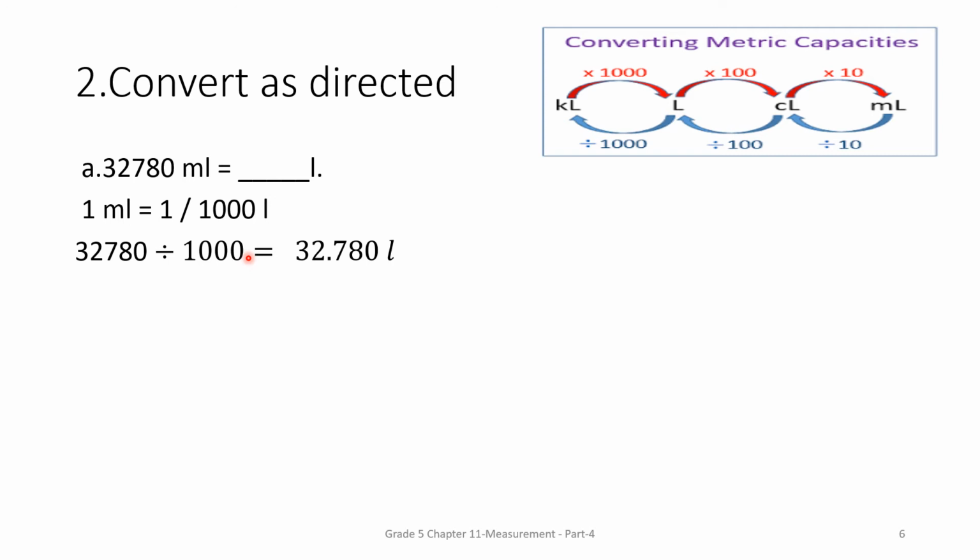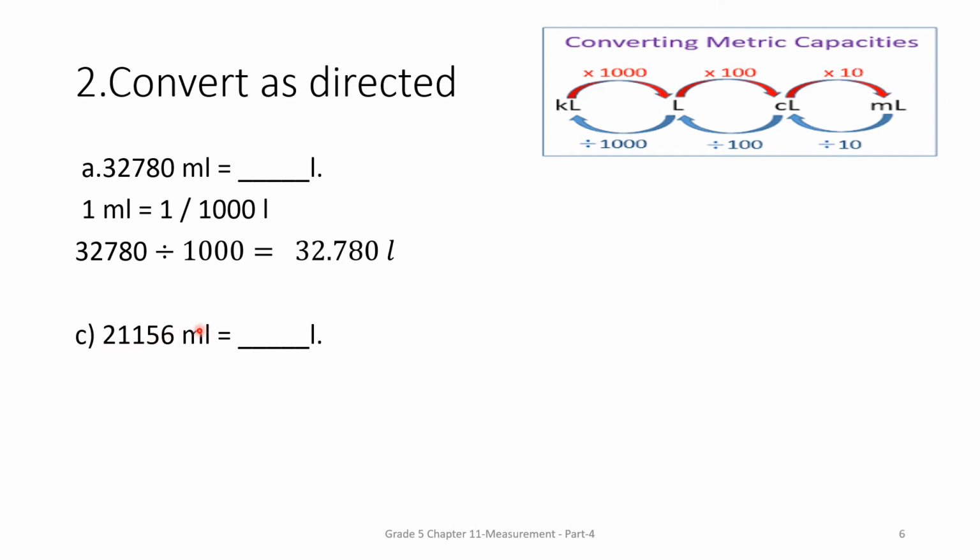Okay, because in division we shift decimal point to its left, and in multiplication we shift decimal point to its right. Okay, so now here we have 3 zeros, so we'll put decimal point to its left by 3 digits. We'll start from ones place. So 1, 2 and 3. So decimal point will come between 2 and 7, and our answer will be 32.780 liters.